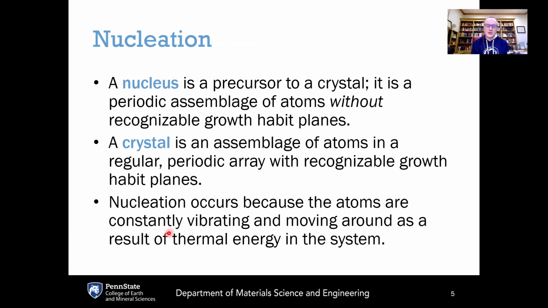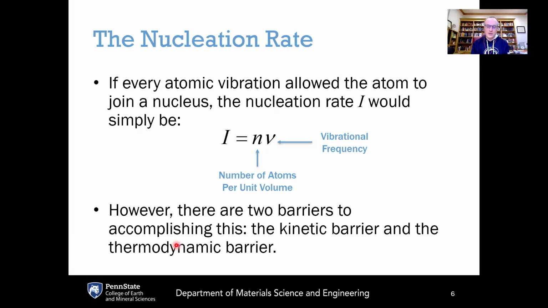And nucleation occurs because the atoms, let's say the atoms within a liquid, are constantly vibrating and moving around as a result of the thermal energy of the system. Now, if that vibrational frequency is given by nu and the number of atoms per unit volume is given by n, the nucleation rate would be simply n times nu if every single vibration would allow an atom to become part of a nucleus.